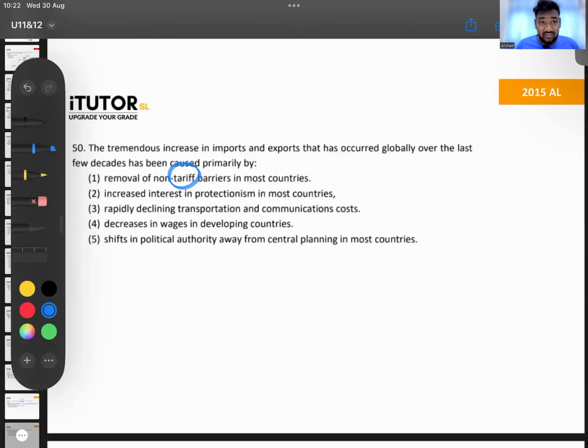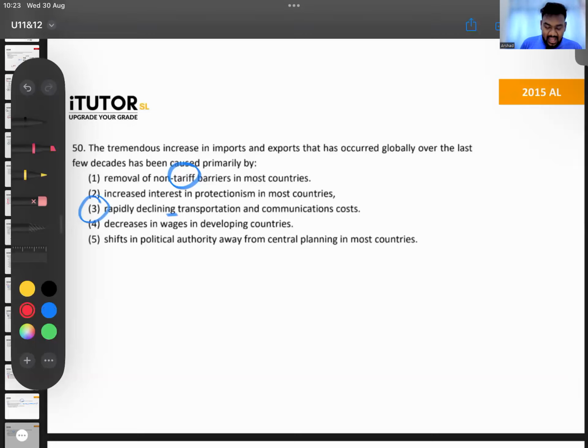Why do you think, earlier when countries used to produce for themselves, now USA is producing all their goods in China, Thailand, Vietnam, and then getting it back to their country and sending it all over abroad? Because it has been very cheap, right? Communication is cheap, transport is cheap. So because of all of those reasons, you can give answer number 3, guys. What about 5?